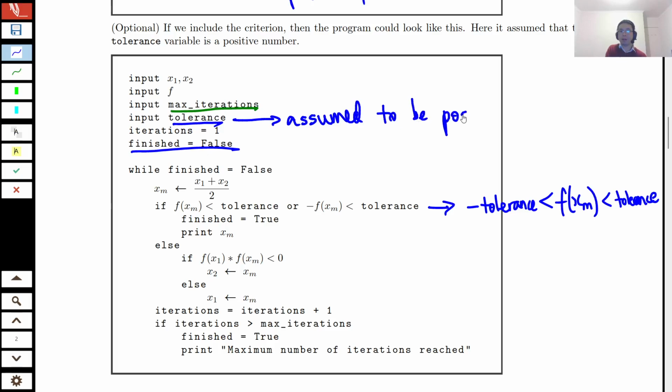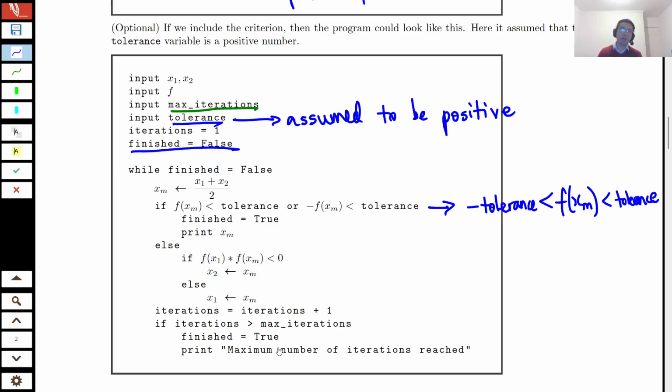So before, I gave the example of the tolerance being 0.01, and so that would mean I'm happy for my function to be between minus 0.01 and positive 0.01. And once I've met the tolerance, I then exit the loop and print my estimation for the root. Otherwise, if I've exceeded the maximum number of iterations, I will exit the loop and just give a message to state that I wasn't able to do it.